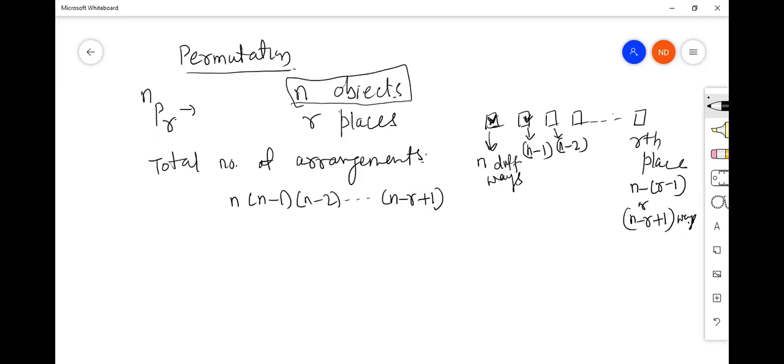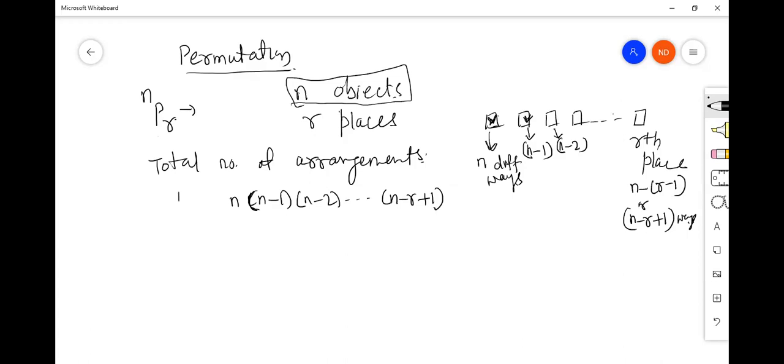But deriving the process every time is not possible. So we have to generalize it in a simpler way, into a formula, so that we can use it directly whenever we have to solve any question.